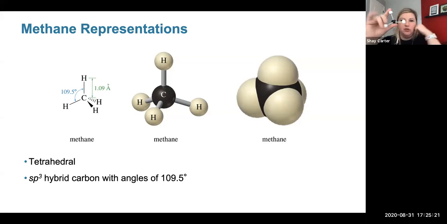Now, this other model is a space filling model, which can be exceptionally helpful when it comes to showing us how much space a nucleophile needs to get in for an SN2 reaction, which we're going to talk about when we get to alkyl halides.